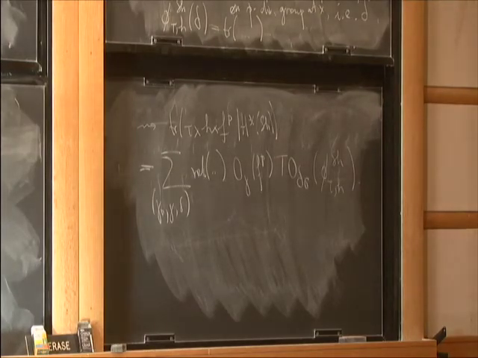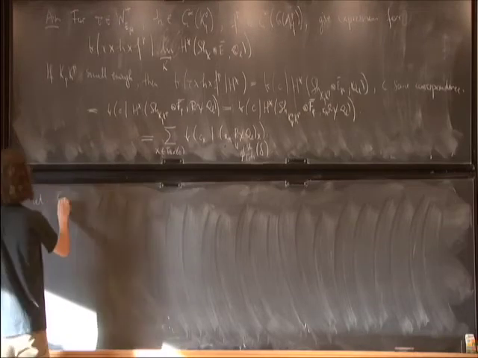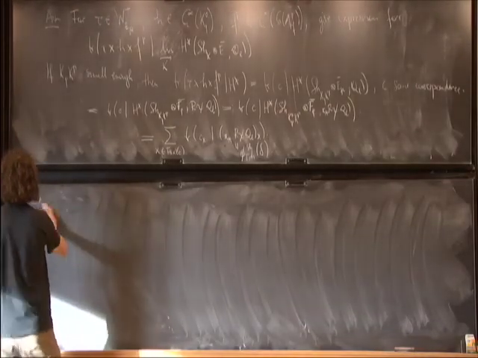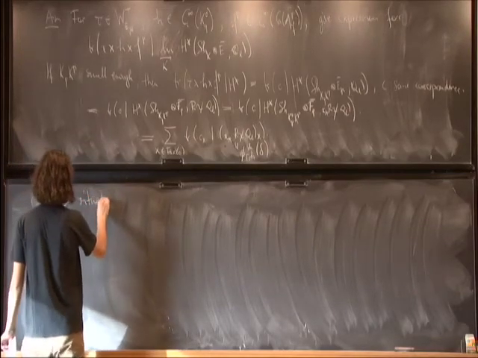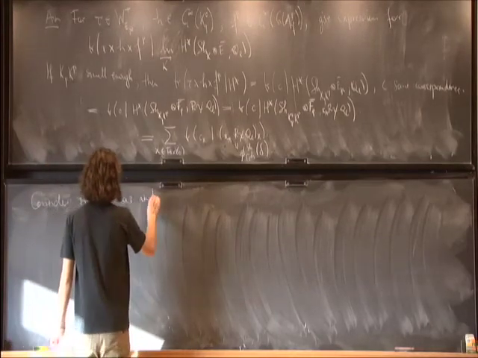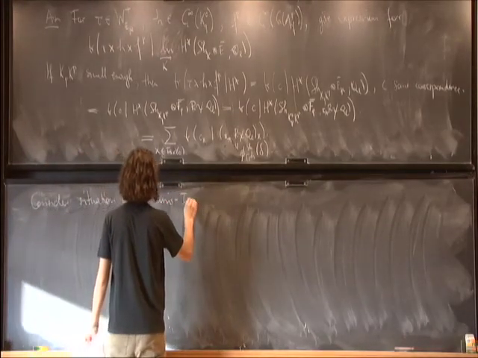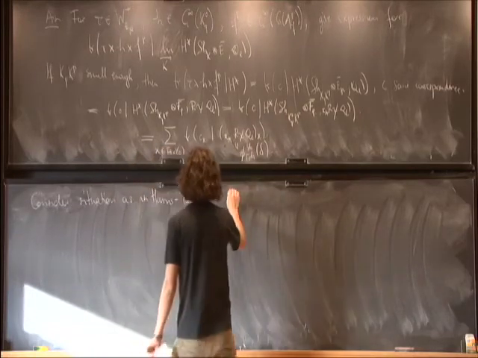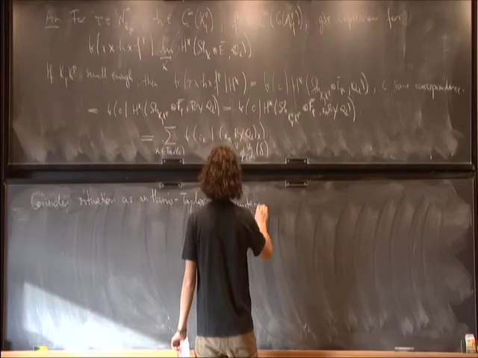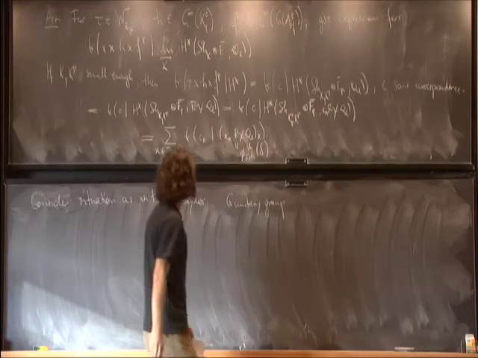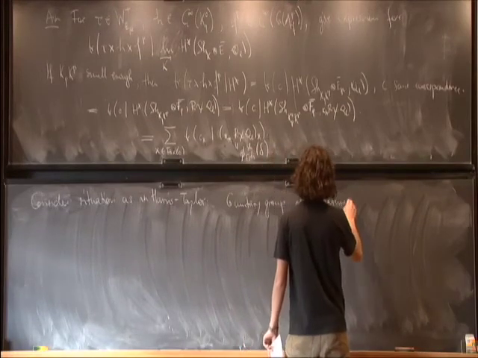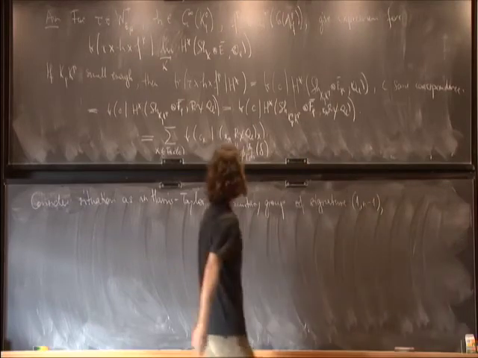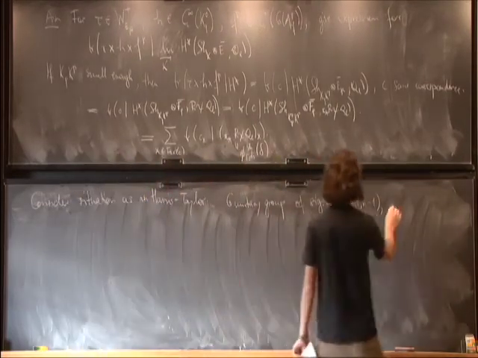So let now G be a unitary group. So we consider the situation as in the book of Harris-Taylor. So G is a unitary group of signature 1, n minus 1, and it's split at p.